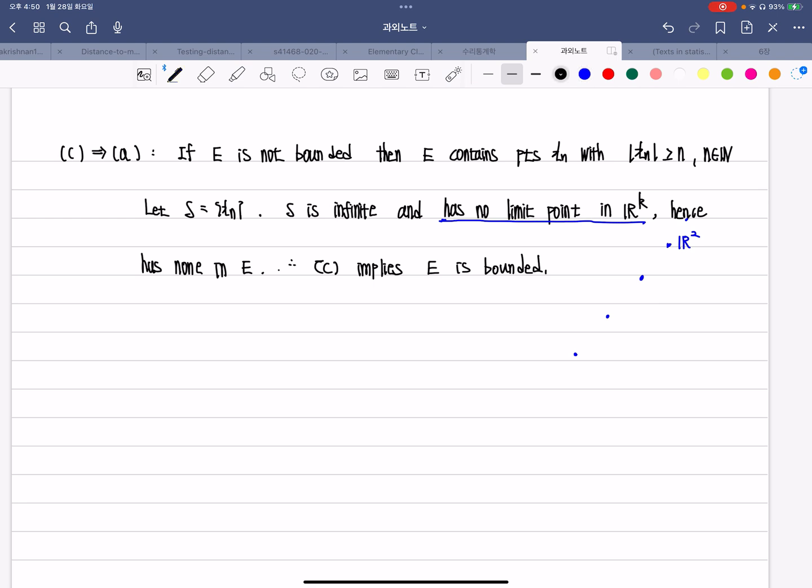The distance between xn and xm for different n and m will be large as n and m go to infinity.